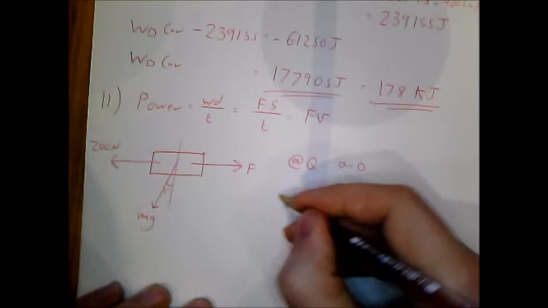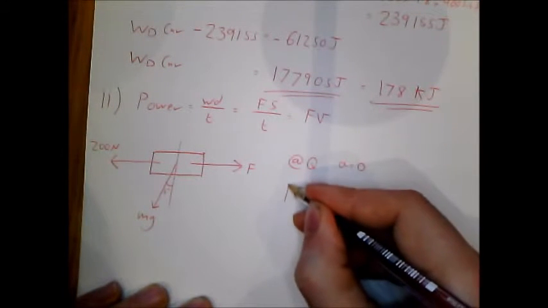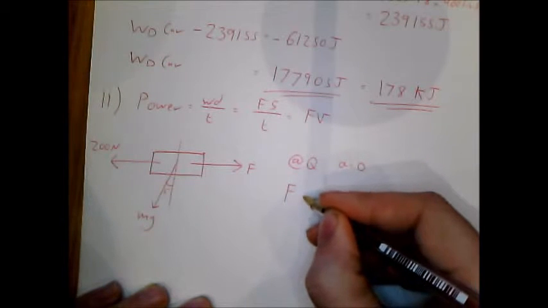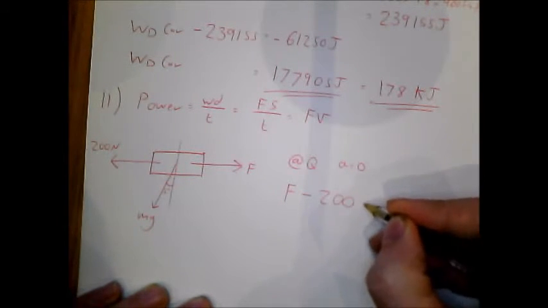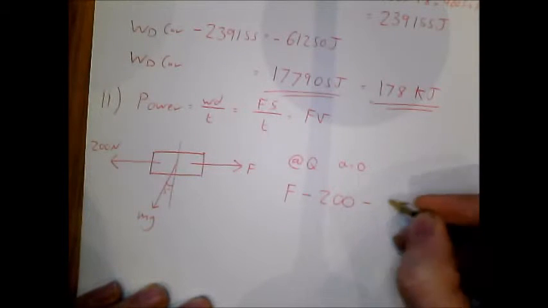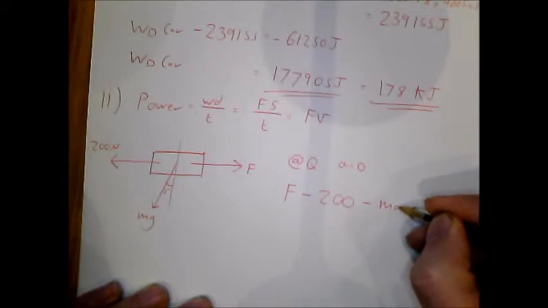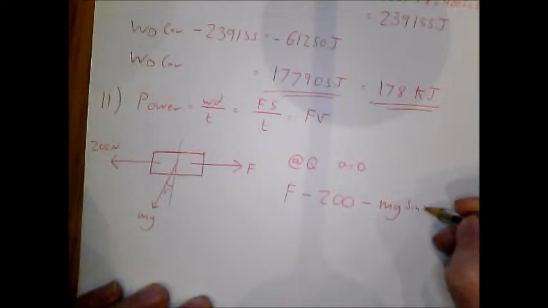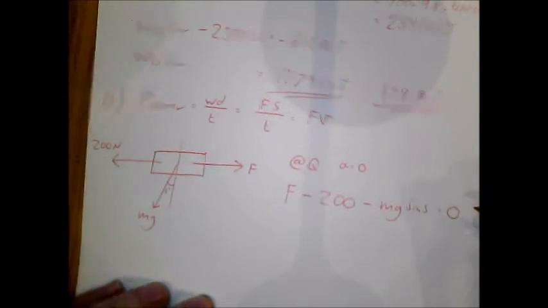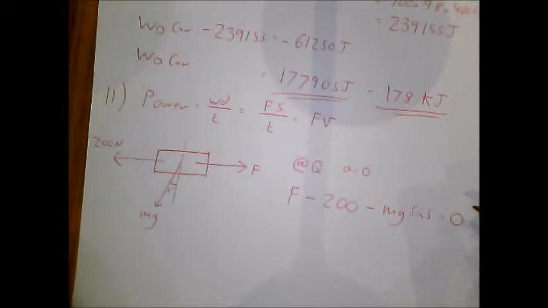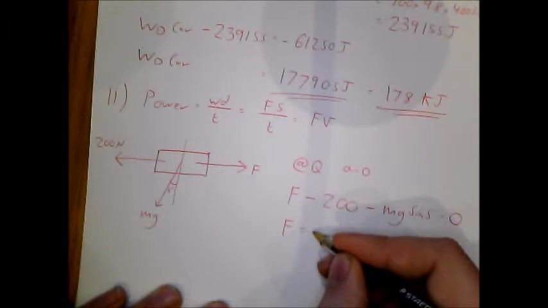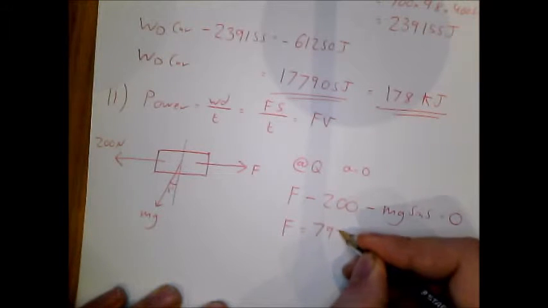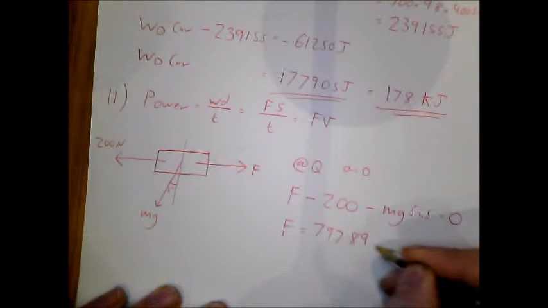So we can work out the force if it's in equilibrium. So the force minus 200 minus mg sine 5 degrees equals 0. So after solving this, we should get a force equal to 797.89 newtons.